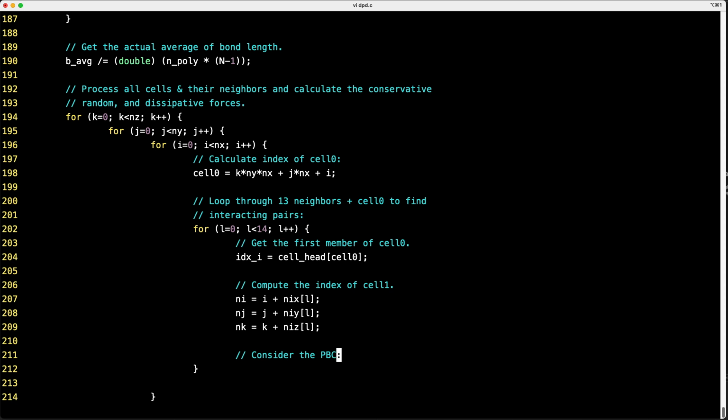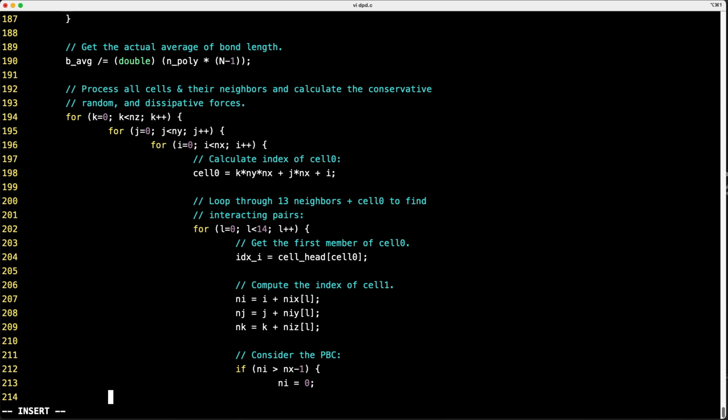What I mean by that is, let's look at the index in x first. If ni is greater than nx minus 1, that means we've left the system in the positive x direction, right? We've gone past the size of the system. And so in that case, we would want to wrap back to the start of the system in the x direction. So ni would be equal to 0, the first cell in the x direction.